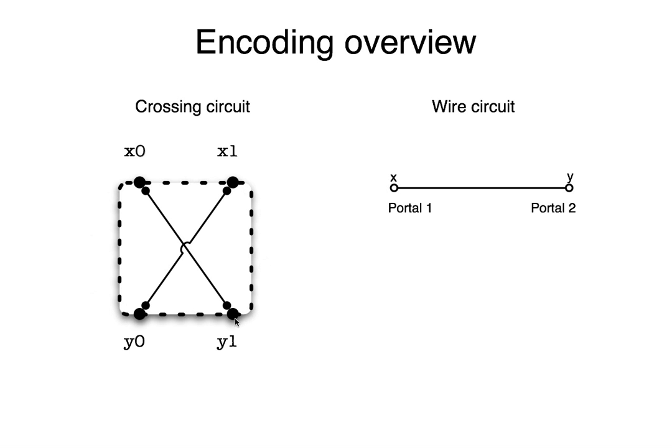X1 and Y1 are also adjacent along the crossing boundary, and we can have the convention that X1 goes over to Y0 and X0 goes under to Y1.